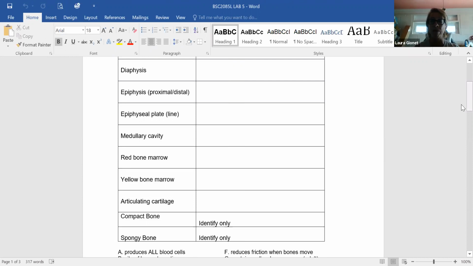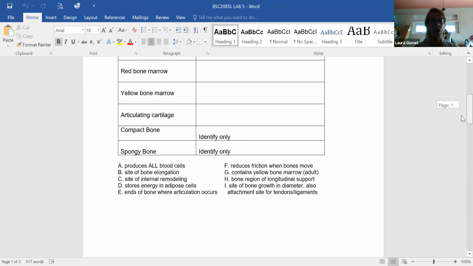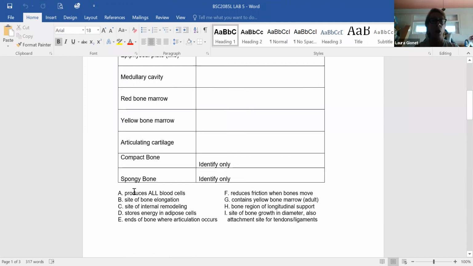Okay, so we have down here our functions. Generally it's easier to grab the function and then match it to the structure that it corresponds with. So A, produces all blood cells, that would be red bone marrow, right? So A is red bone marrow.